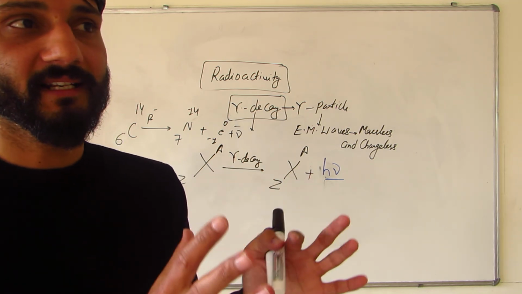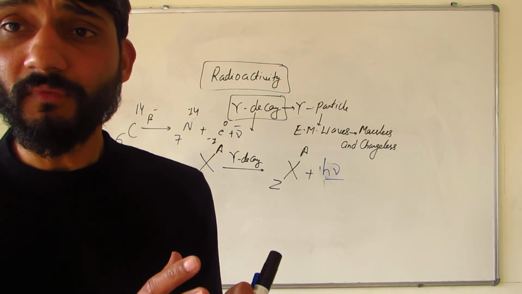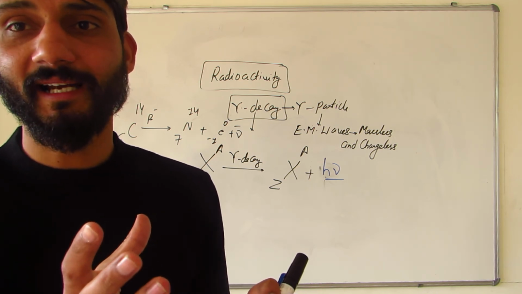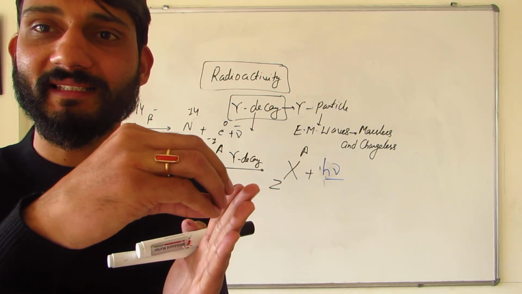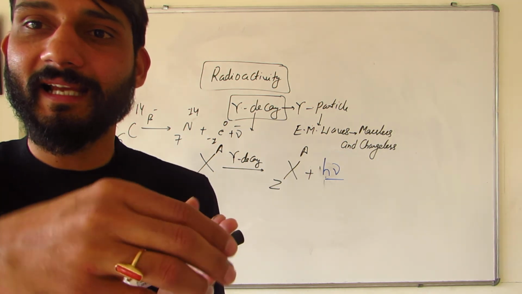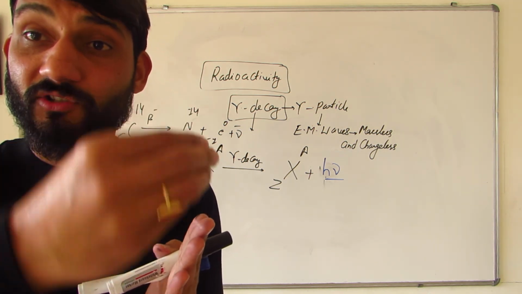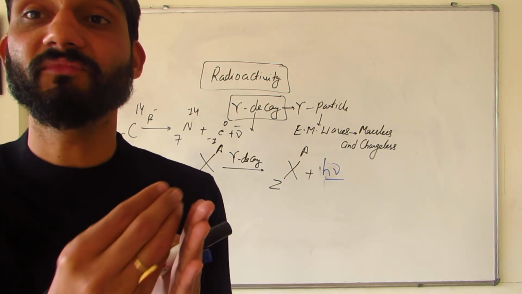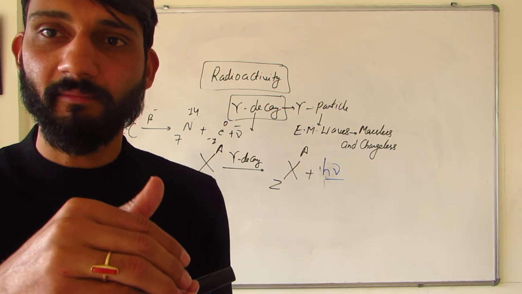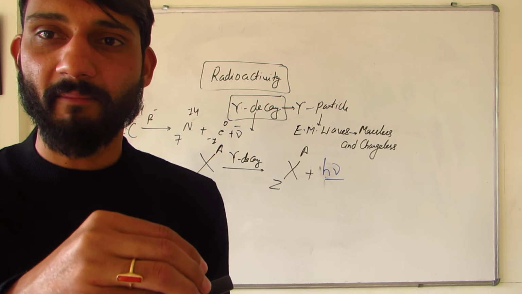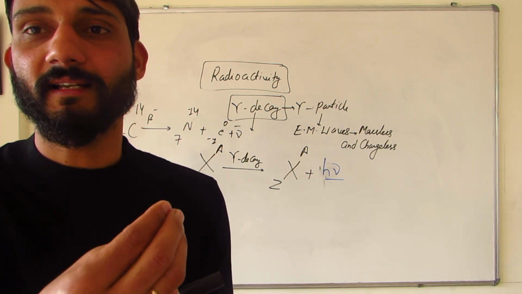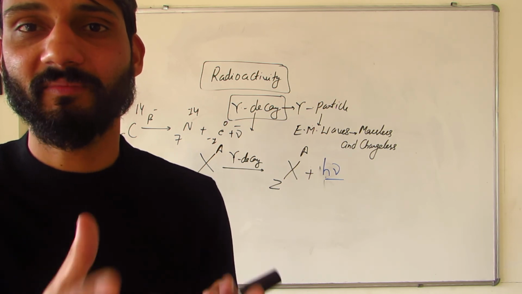Ionization means if there is a gas, and gas particles are neutral, and you throw a particle at them, when they collide, it takes some electron out of it, and then that gas particle, instead of neutral, has become charged, ionized.